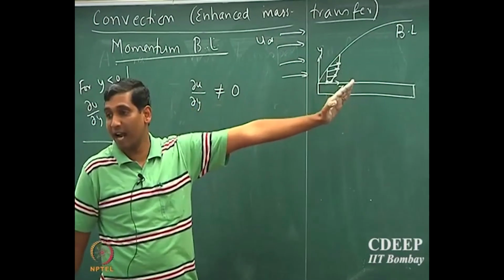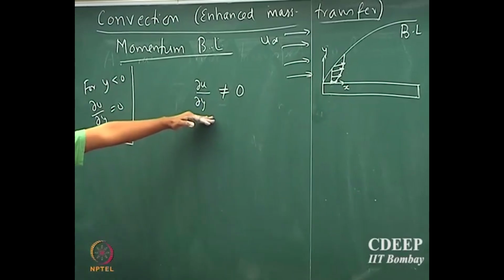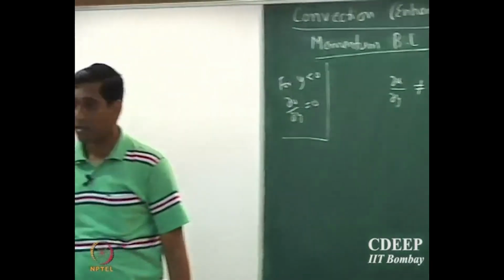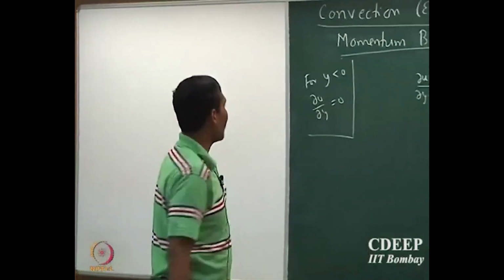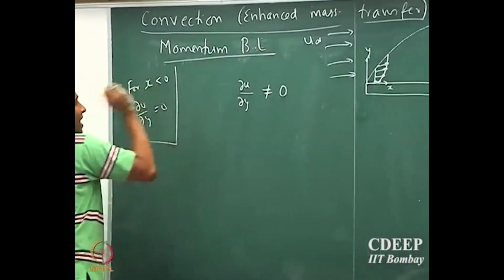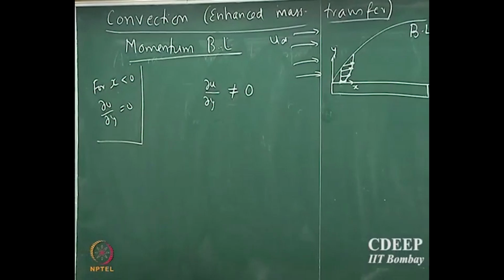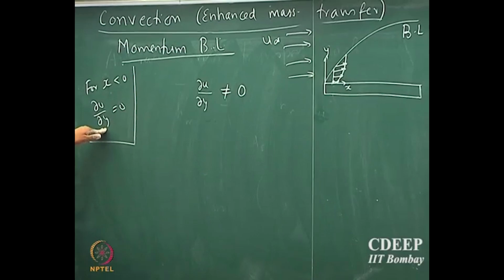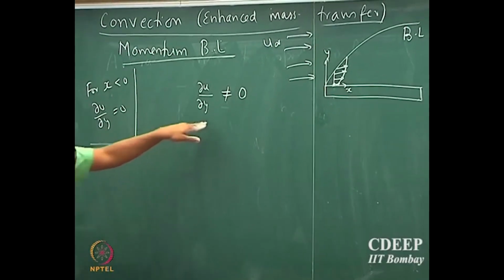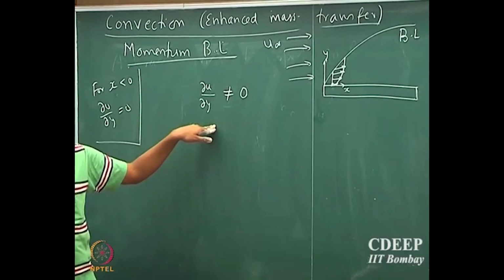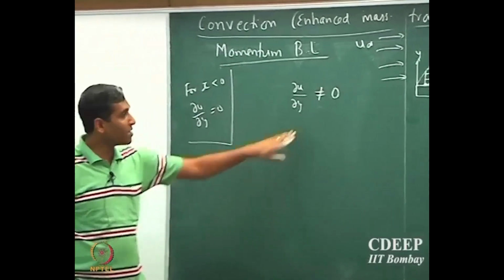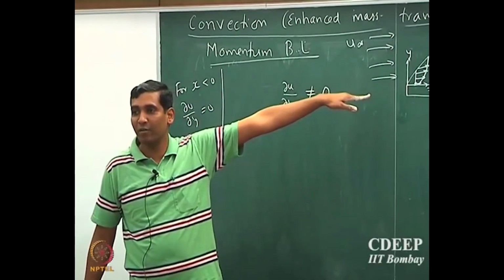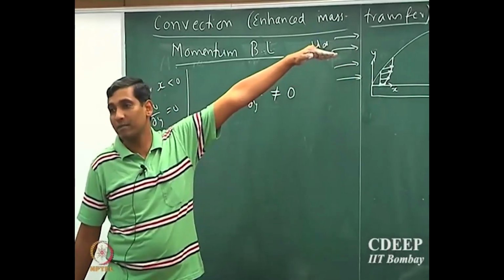But as soon as it sees the flat plate, suddenly there is going to be a gradient in the y direction. Oh, I am sorry, thank you very much. x less than 0, that is right. So for x less than 0, there is 0 gradient of the x component velocity in the y direction. But when x is greater than 0, there is going to be a finite gradient, okay. And that is because the fluid particles at the surface have come to rest, and because of continuity, they retard the fluid particles above it, okay.